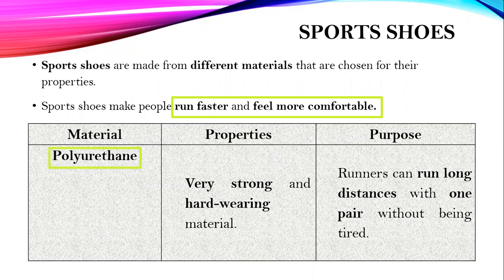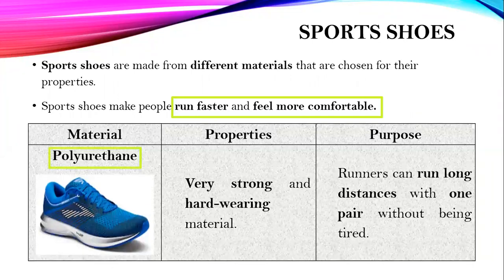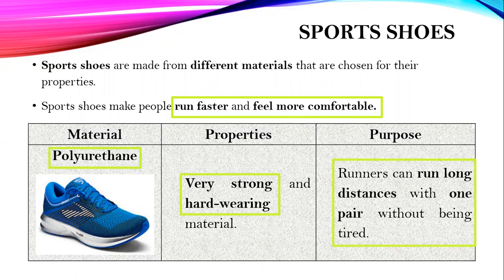Please say it one more time after me. Polyurethane. Polyurethane is a very strong and hard wearing material. This type of sport shoes helps runners run long distances with one pair without being tired because it's very soft and comfortable.